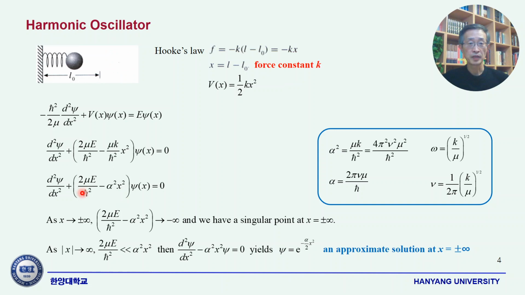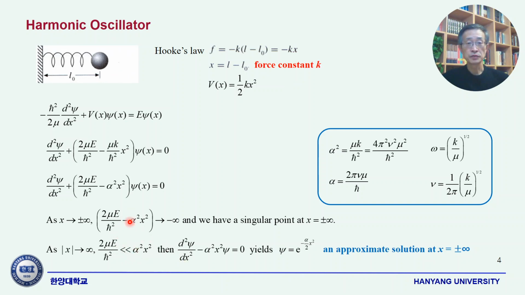If you look at this term, as x goes to infinity, x squared goes to infinity, so you can compare it to alpha squared x squared. This term is very small compared to that and can be ignored.